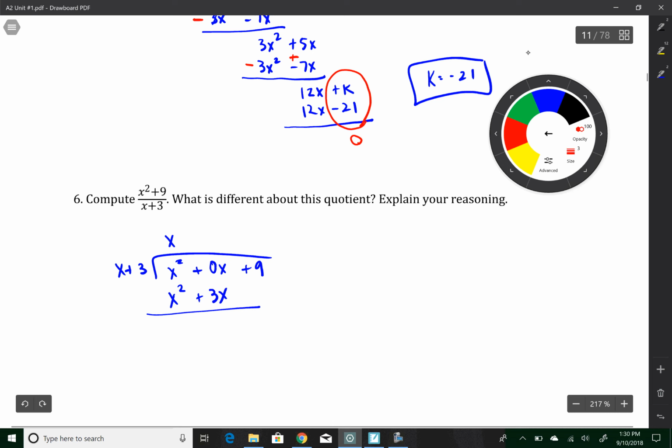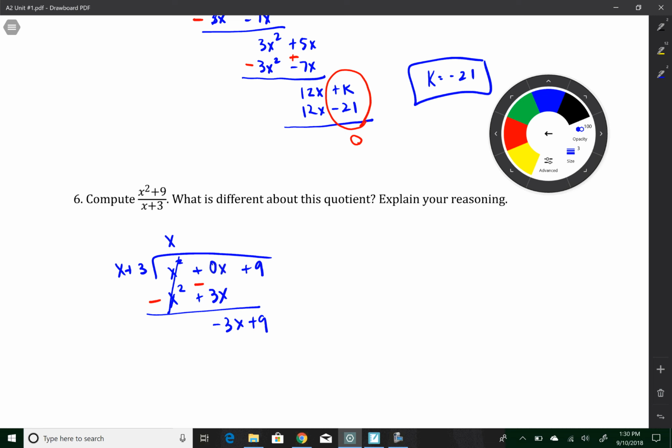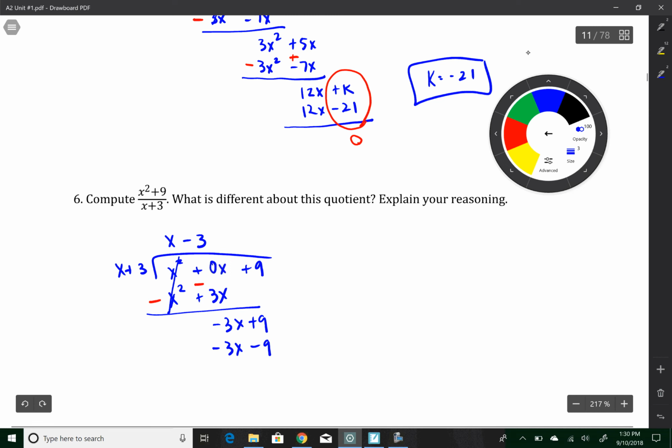So when I do my subtraction, minus, minus, these terms cancel. 0 minus 3x becomes negative 3x plus 9. What multiplies by x to make negative 3x? That would be minus 3. So I have negative 3x minus 9.